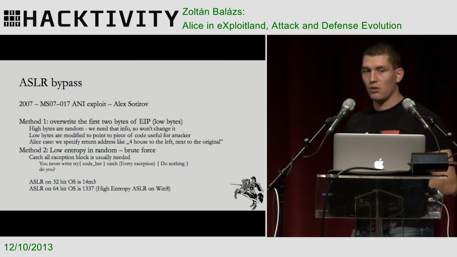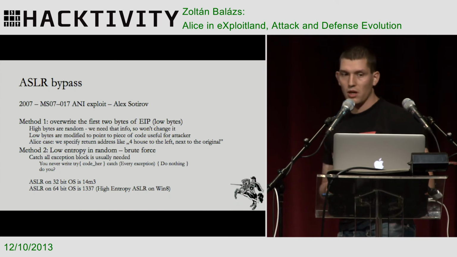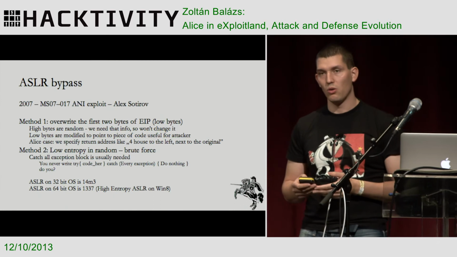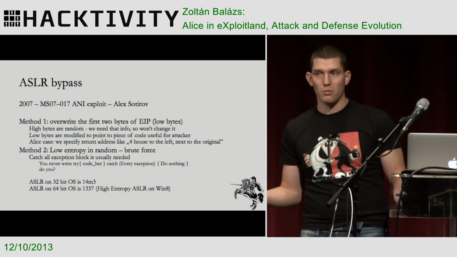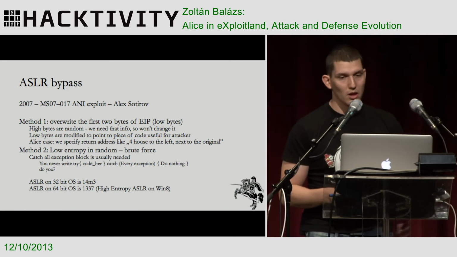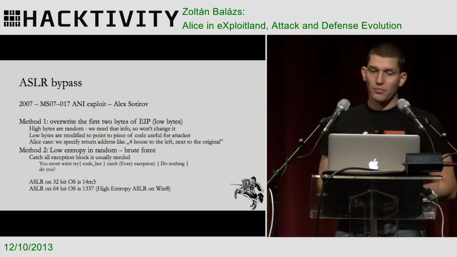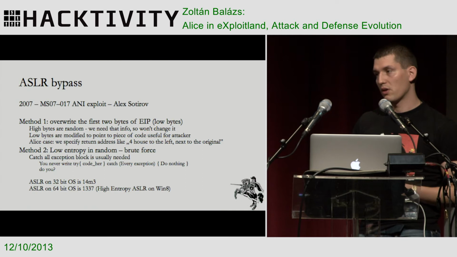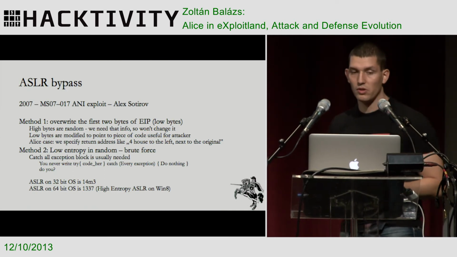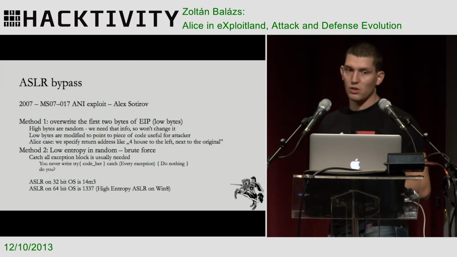The next method is that sometimes the entropy of this random value is very low. As always, when we are talking about random, sometimes it turns out that it is not very random at all. And there are some special corner cases you need in order to exploit this case. But usually it works.